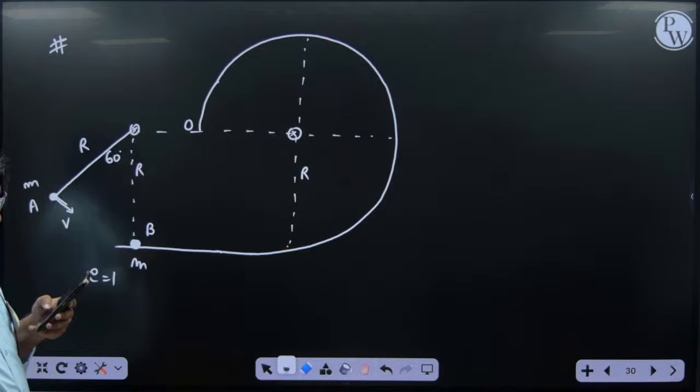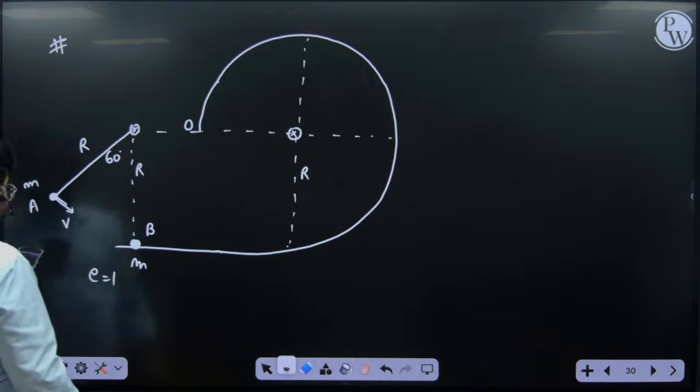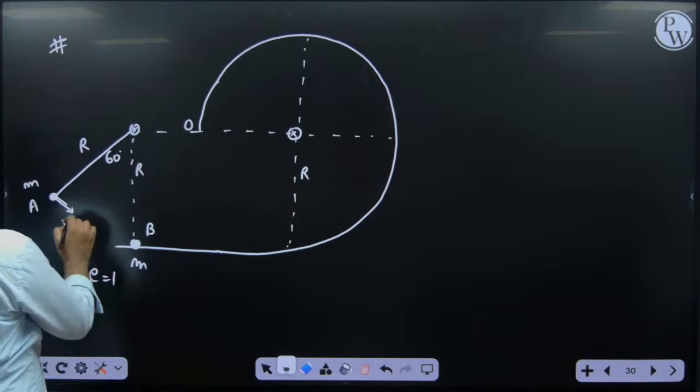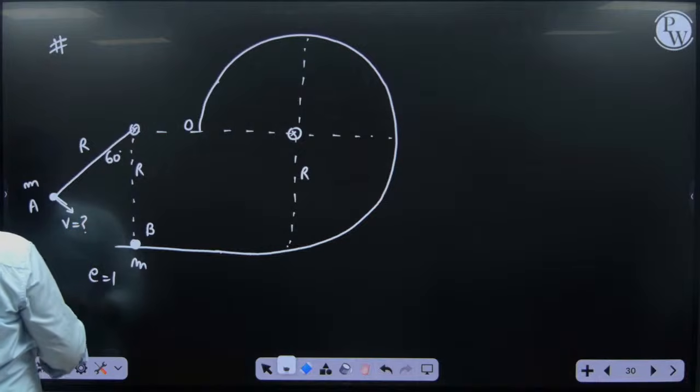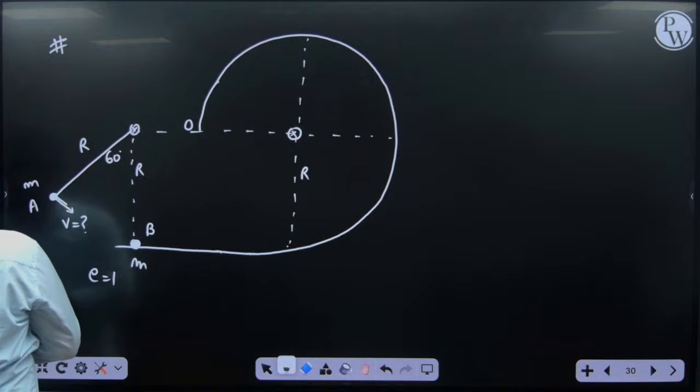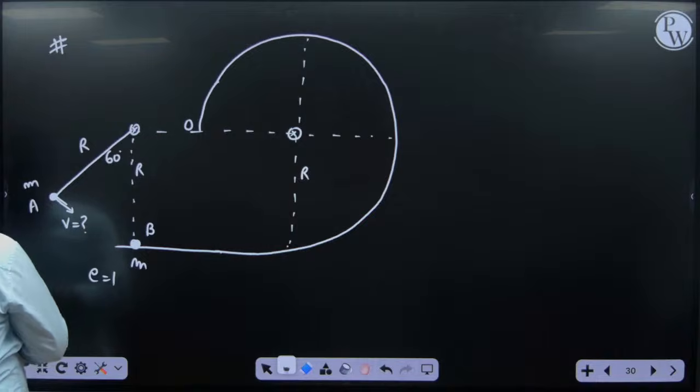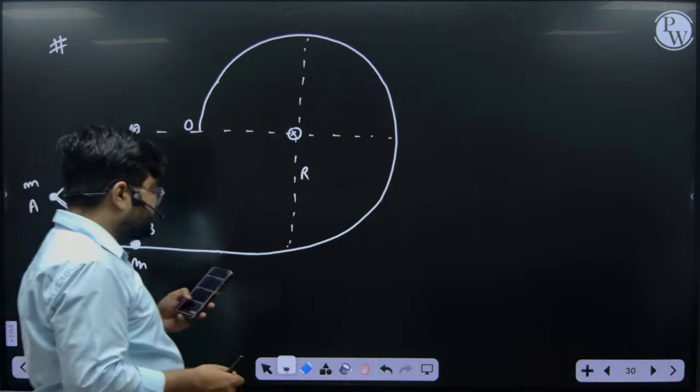Velocity of particle A at its least value is equal to V. So we have to find V minimum.